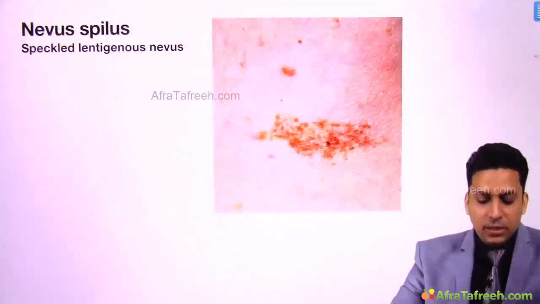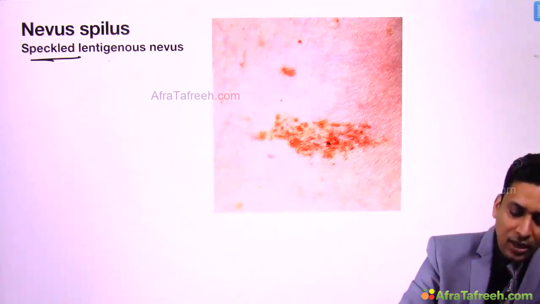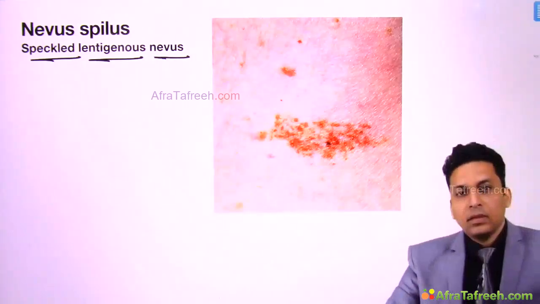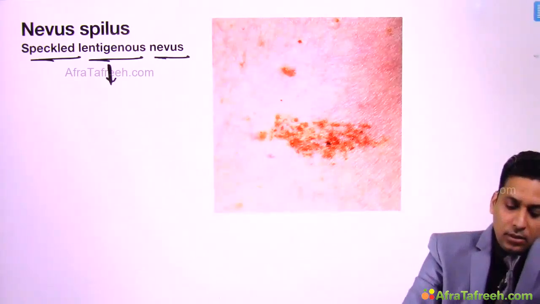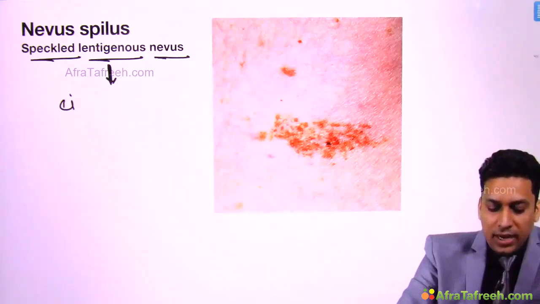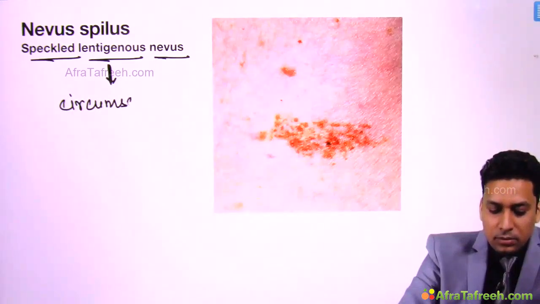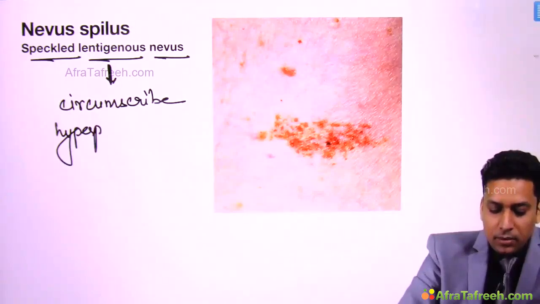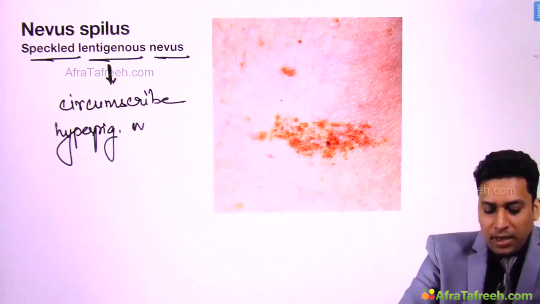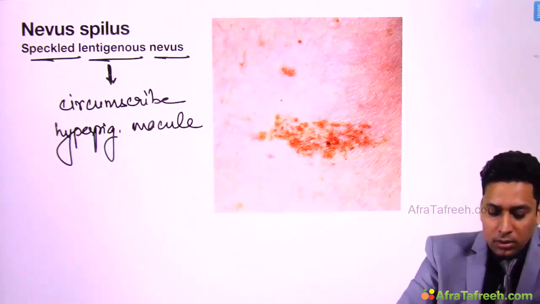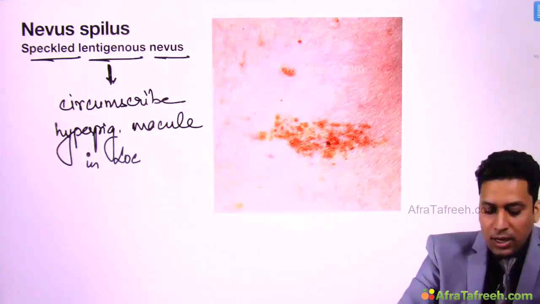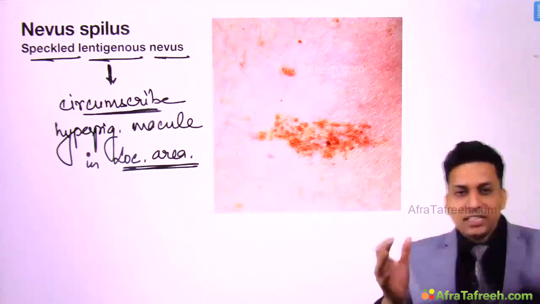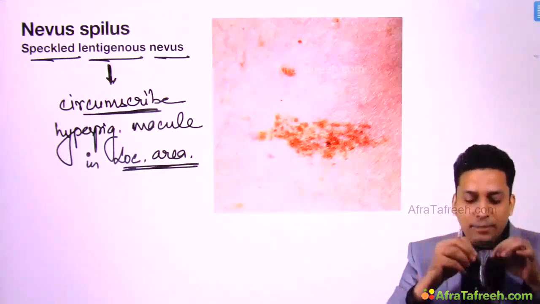Then nevus spillus, this is also known as speckled lentiginous nevus. So you can write down one point here: circumscribed hyperpigmented macules in a localized area. That is, within one small area you will find these hyperpigmented macules.